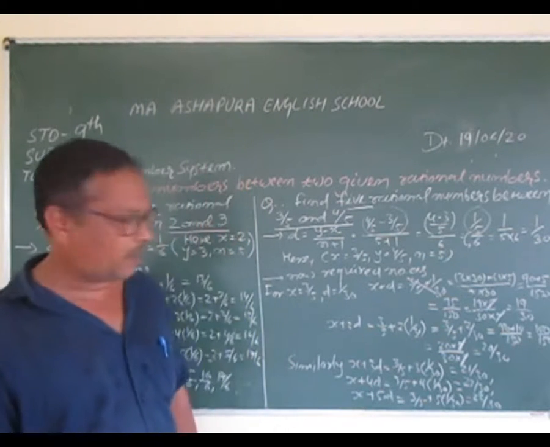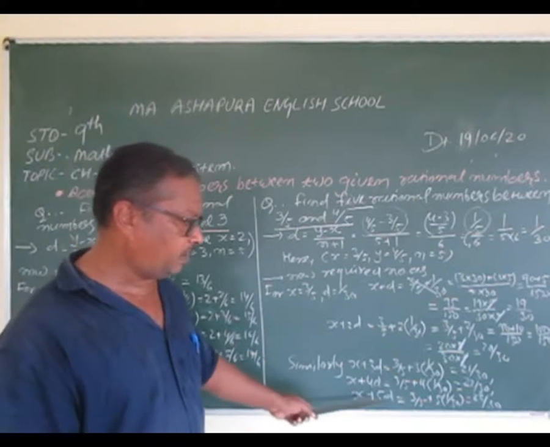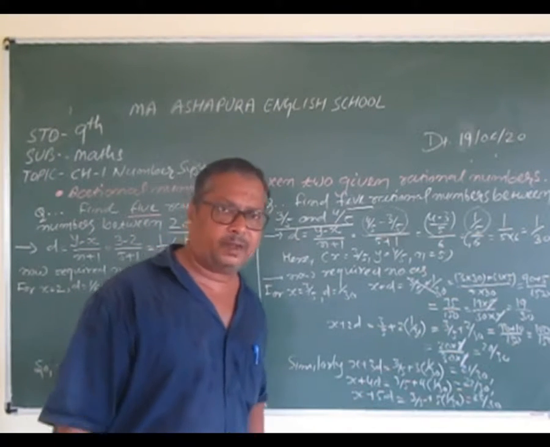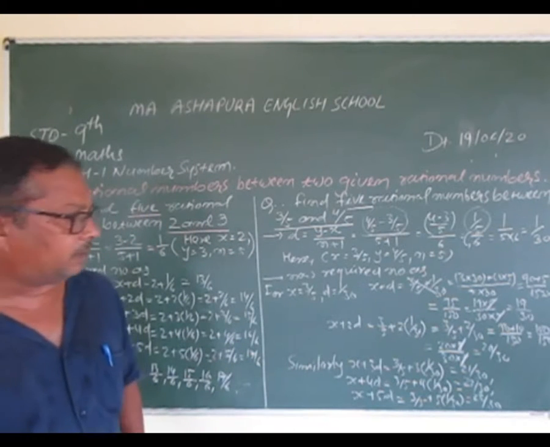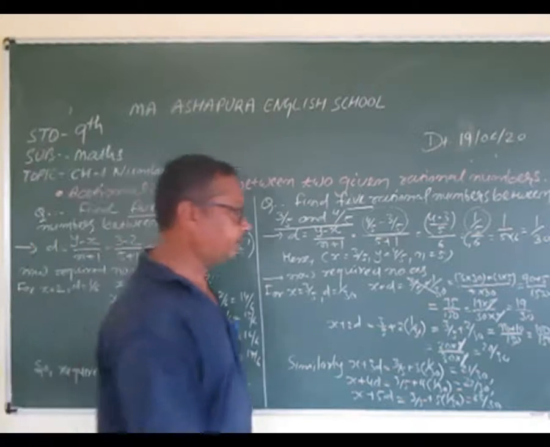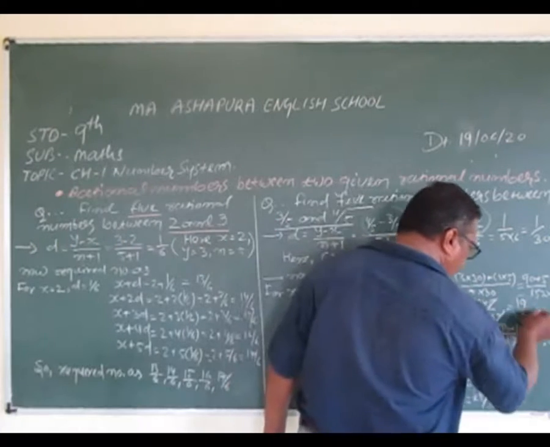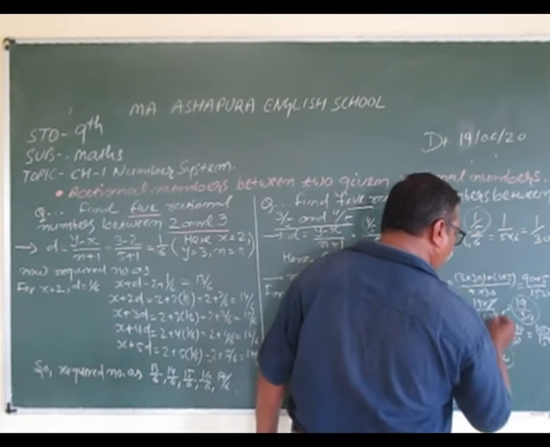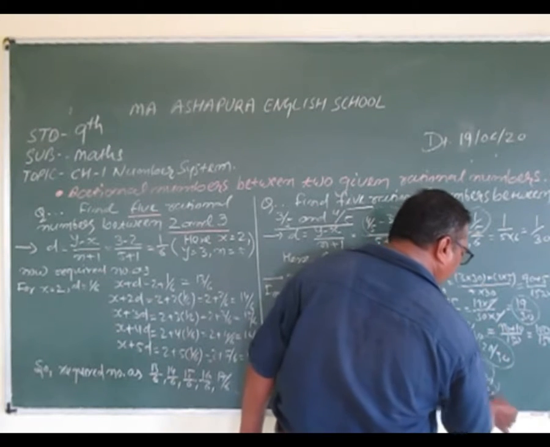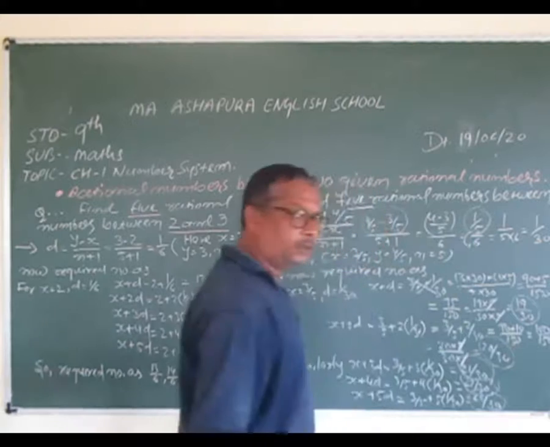Finally we get 22 by 30, and x plus 5d is equal to 3 by 5 plus 5 into 1 by 30, and finally we get 23 by 30. So our required terms are 19 by 30, 20 by 30, 21 by 30, 22 by 30 and 23 by 30.